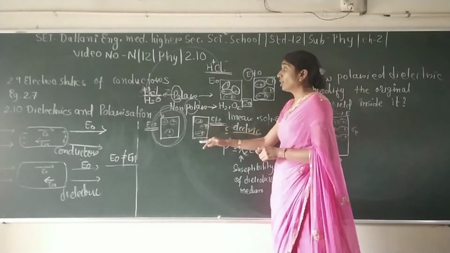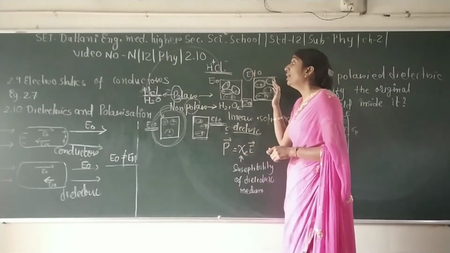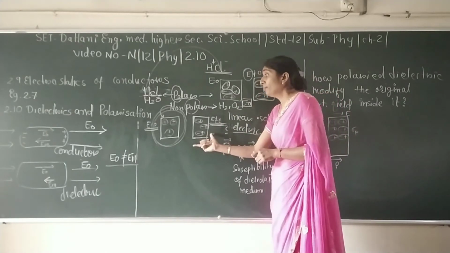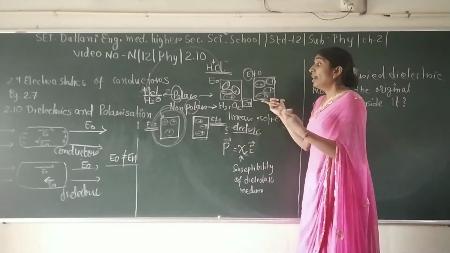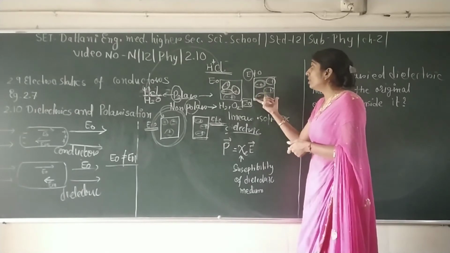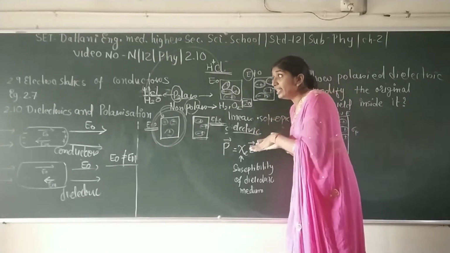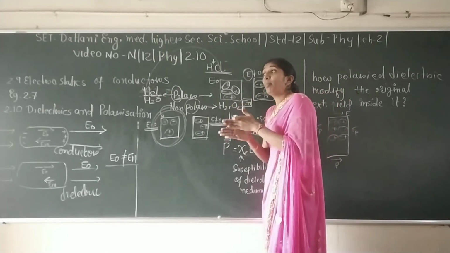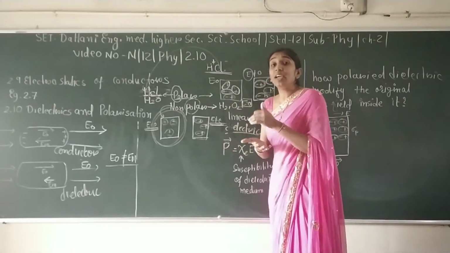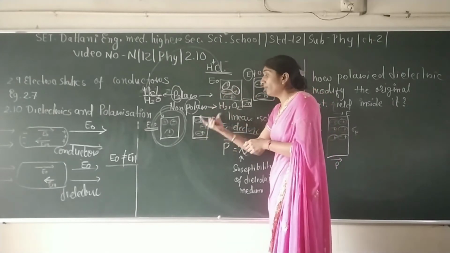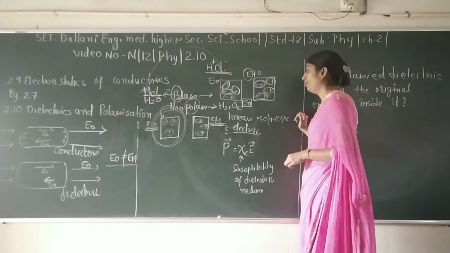So whether we are talking about polar or non-polar, in the presence of an external electric field it shows the effect of the dipole moment arising inside this dielectric. If we are talking about a material which is a dielectric, we are talking about a slab or something made of dielectric material.